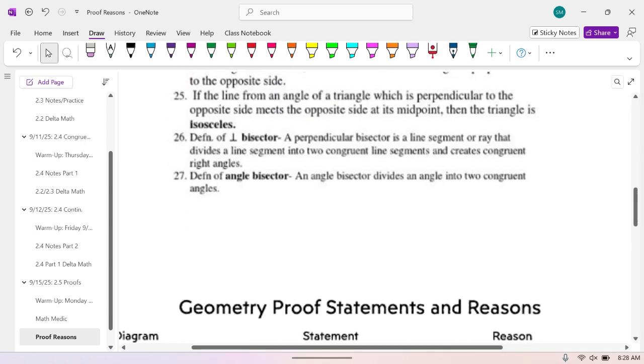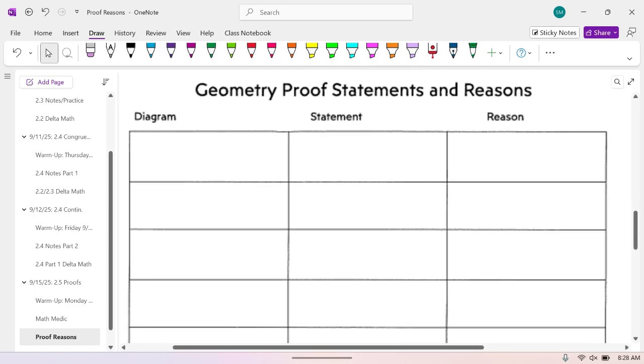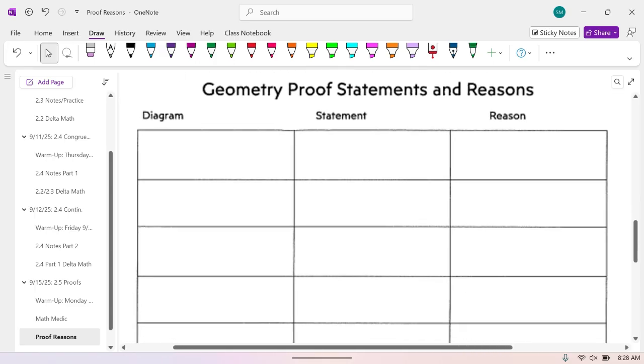Now, on the back is a table that looks like this. This is what we're going to be filling out together. This puts more into words, or into a visual aspect, what you saw on the front of that paper. These are also the most common ones that you'll use with triangle proofs.